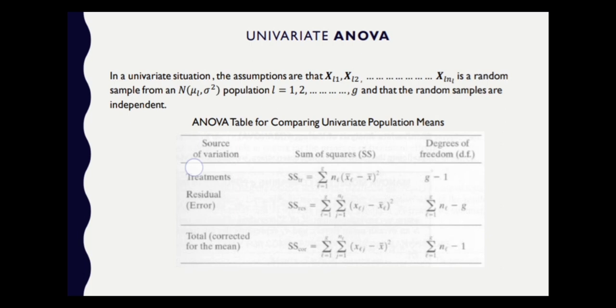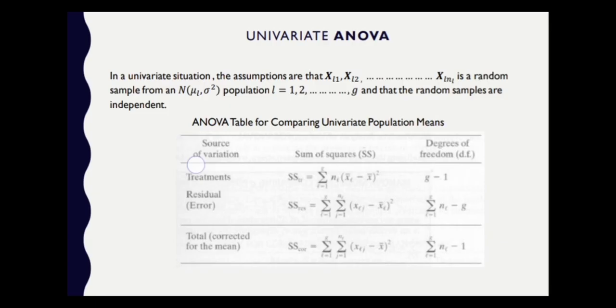A common covariance matrix means that the covariance matrix for the first population should be equal to the second population, and equal to the third population. So we note it as big sigma only. And then each population should be multivariate normal.